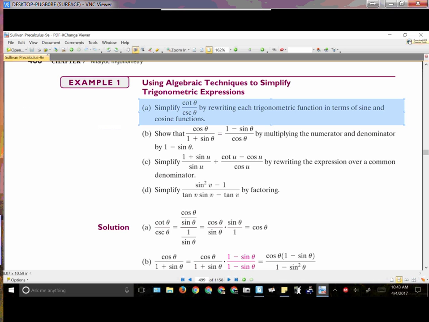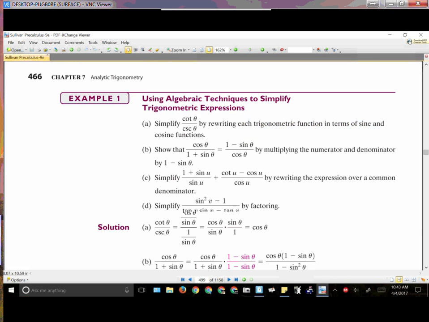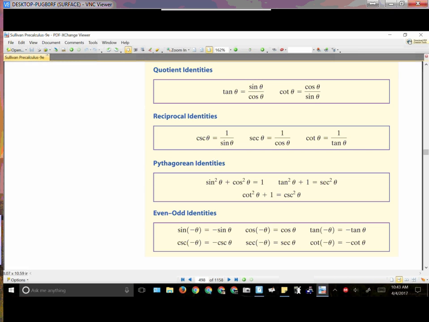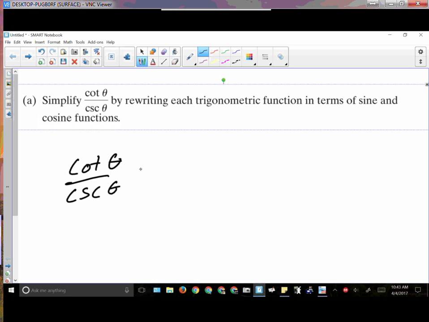If I go back and take a look at what my identities provide me, cotangent is cosine over sine. So I can rewrite this as cosine theta over sine theta.